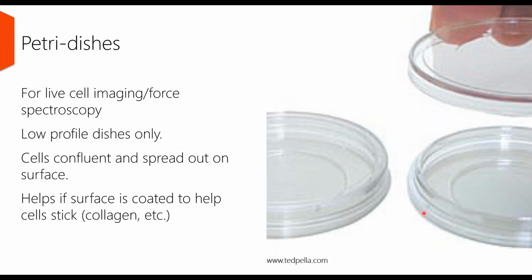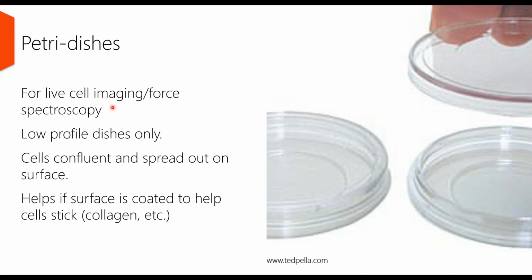For Petri dishes, cells are obviously much bigger than DNA, so the roughness of the Petri dish doesn't actually make a big difference. Petri dishes you can use for live cell imaging or force spectroscopy. So you can culture the cells in the Petri dish, make them happy, put them under the AFM and image.